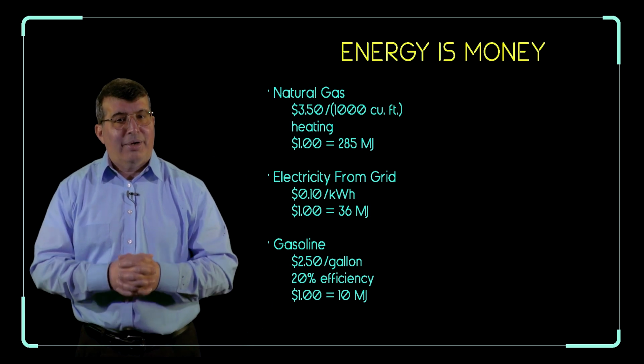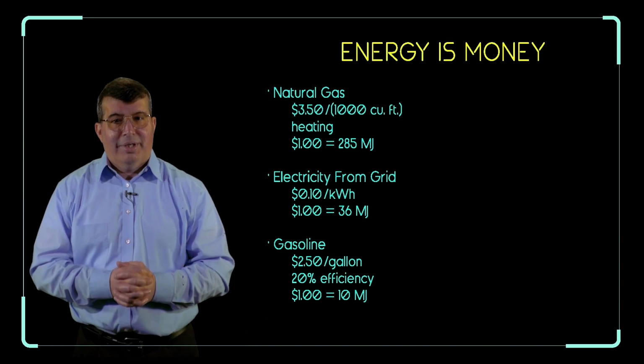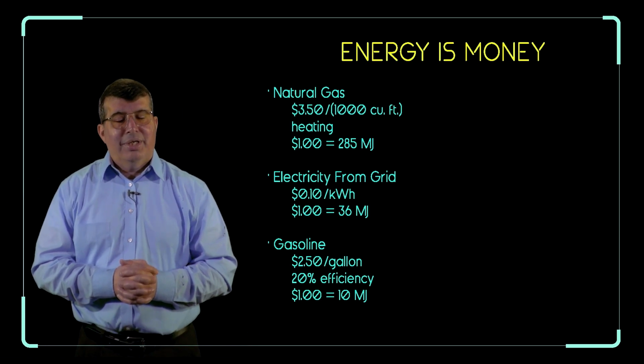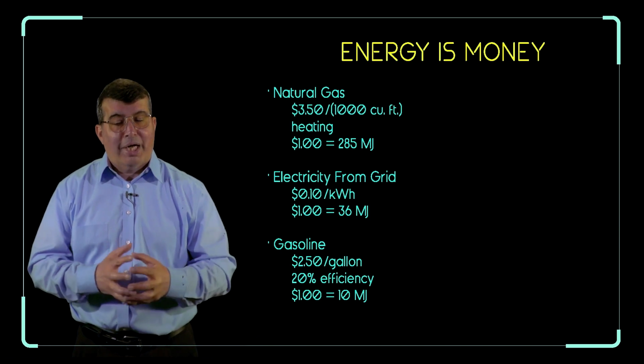So you can see right there why there is a benefit in terms of energy to having an electric car. For your $1 of gasoline, you're going to get about 10 million joules of work out of your car.